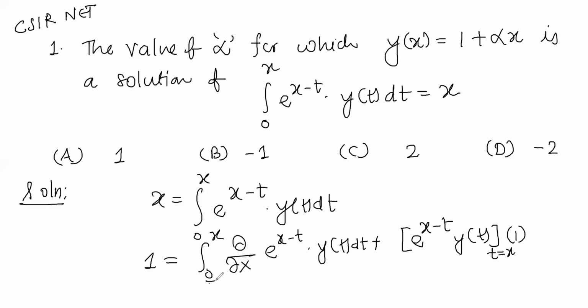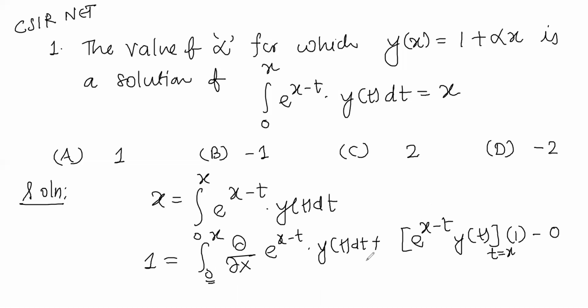Since the lower limit is 0, it is not going to contribute anything, so I'm writing 0, because ultimately its derivative is 0 and it is multiplied with the entire quantity.